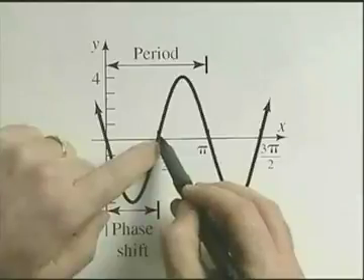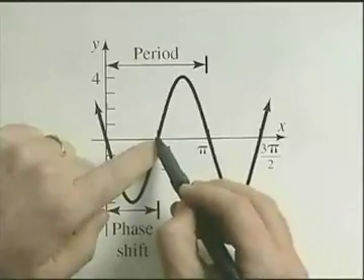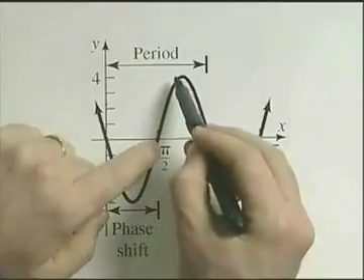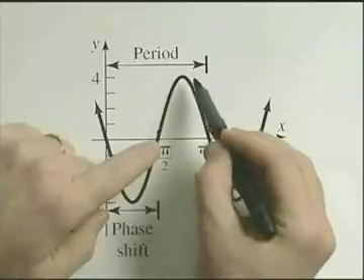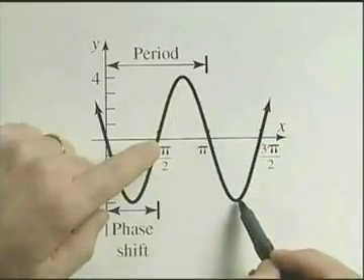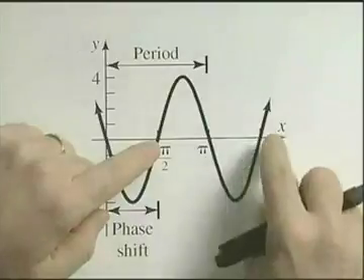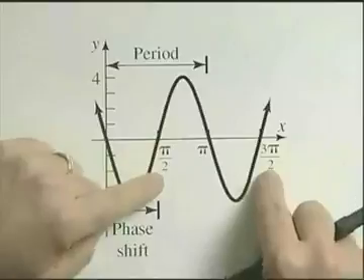Because the value of a on the sine function is a positive 4, we know that we're going to increase until we reach a high point of 4. We then decrease, and decrease again, going to a low point of negative 4, and we end up back at the beginning of a cycle again at 3 pi over 2.